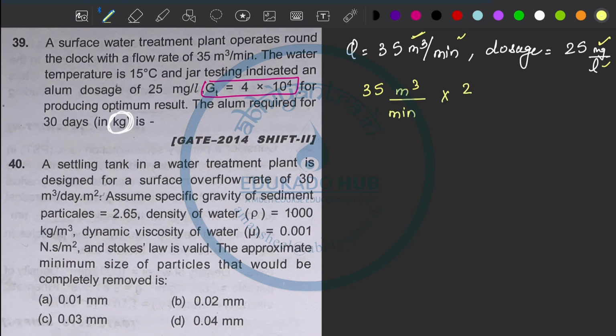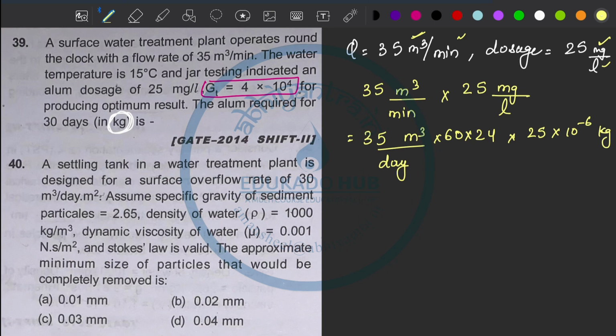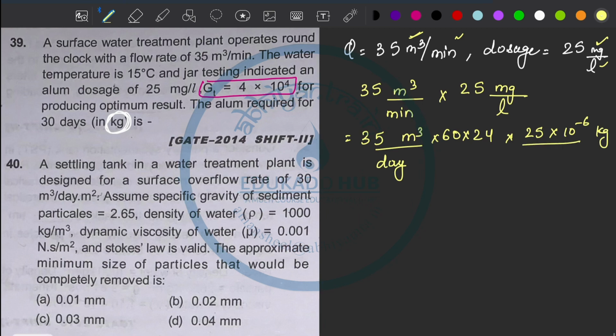by the dosage 25 milligram per liter. If I change the minute into days, that comes to be 60 into 24, and 25 milligram is nothing but 10 to the power minus 6 kg divided by liter. Liter is nothing but 10 to the power minus 3 meter cube, right? Meter cube to meter cube cancelled.